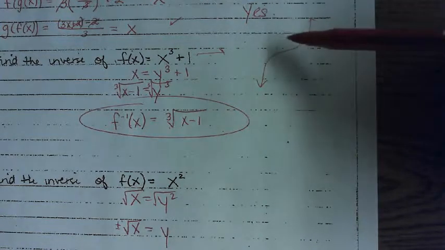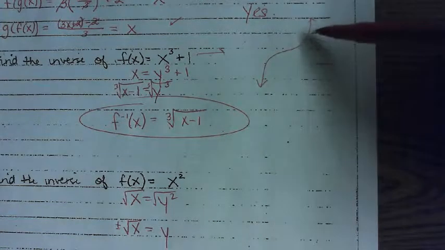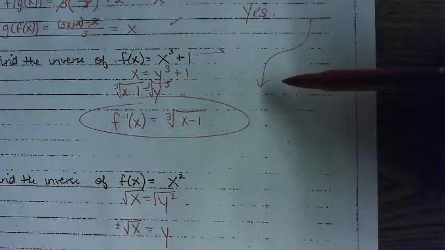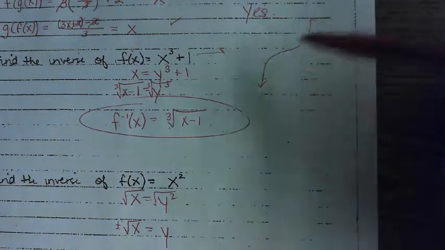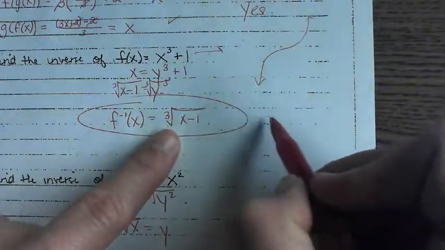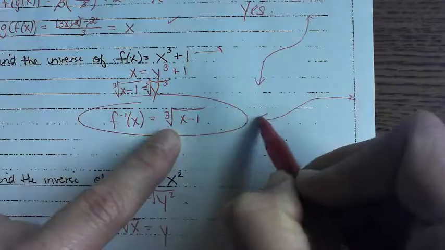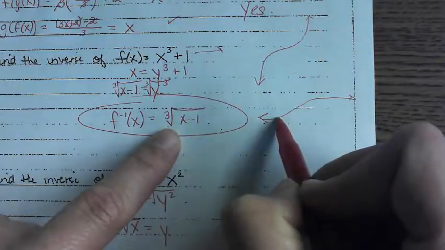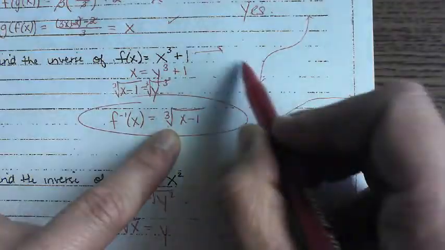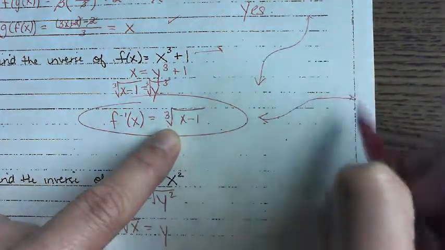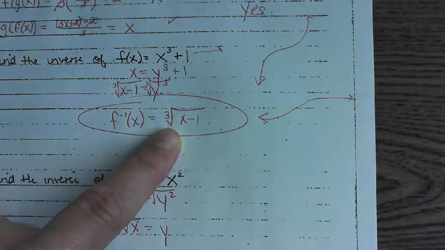What makes this a one-to-one function is that it also passes the horizontal line test, which means when I flip it and draw a picture of the inverse function, if this one passed the horizontal, then your inverse is going to pass the vertical. There's those x's and y's all flipping again.